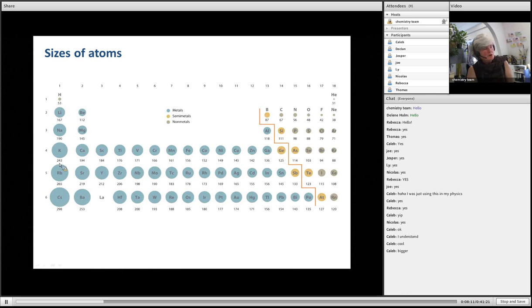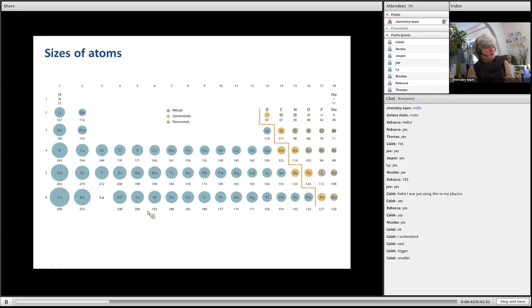As you go across, it's not quite so clear, particularly because you've got this bit in the middle that doesn't seem to change much. But if you compare potassium to, say, bromine, these are often guesswork because they don't necessarily bond, so it's not so easy to work out what they are. But if you go across the period, what's happening to the atomic radius? Smaller. Well done, Caleb.